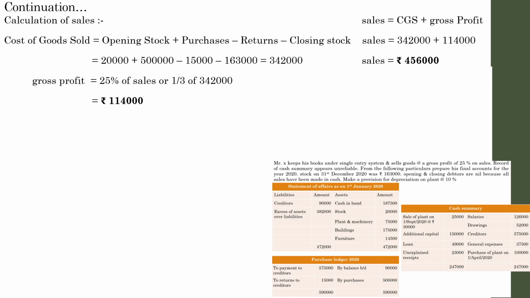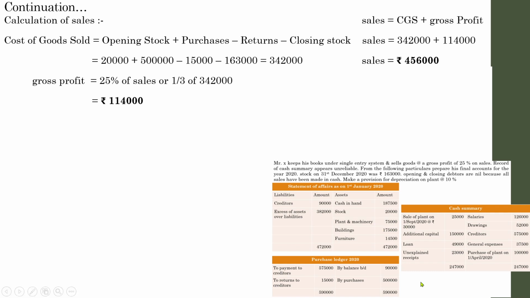But in this question, you have to be very cautious, because the depreciation has to be provided on plant. But at the same time, during the year, there was a sale of plant as well as purchase of plant. And apart from these two items, there was another plant which was there in the business from the beginning.